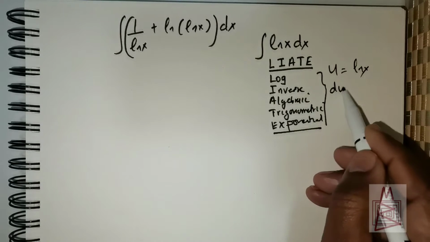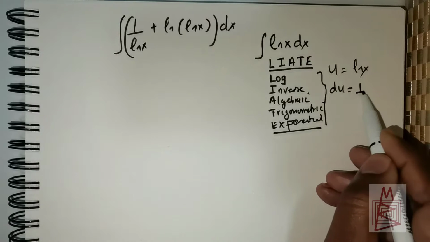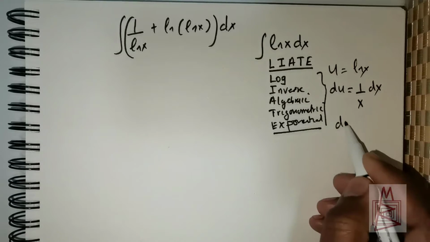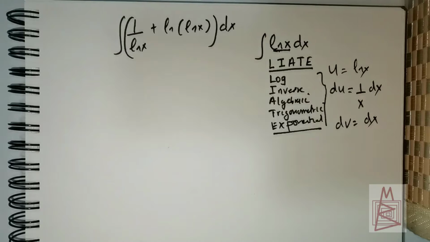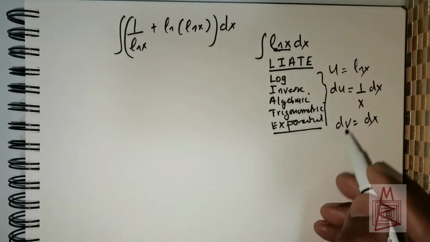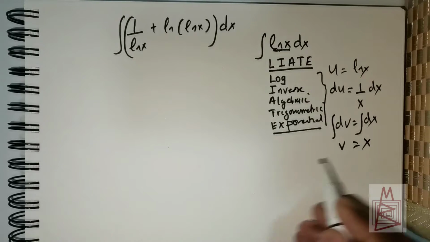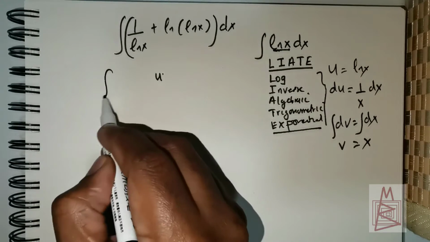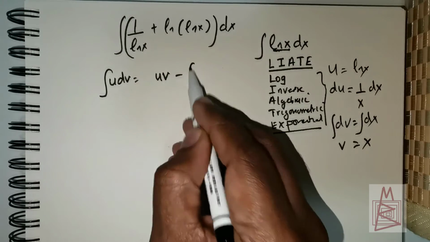and differentiating u, which is du, is going to be 1 over x times dx. Now my dv is going to be whatever quantity is left after you have assumed u, so that's going to be dx, and to get v we integrate both sides, so that gives us x. Now if we use integration by parts, we know the formula: integral of u dv is equal to uv minus integral of v du.